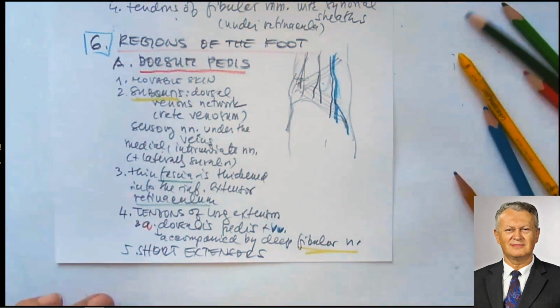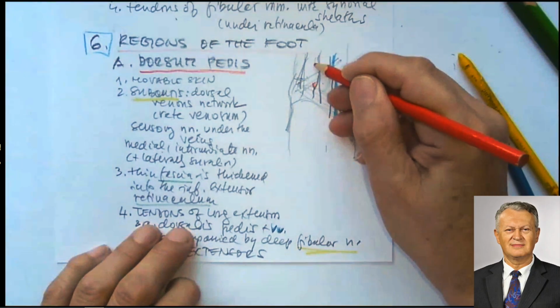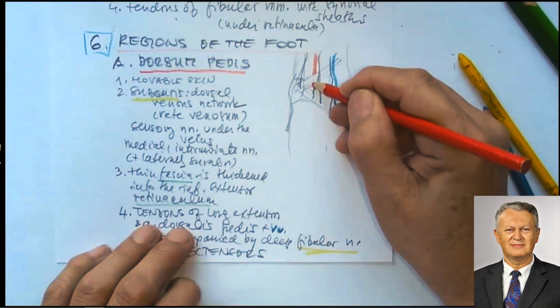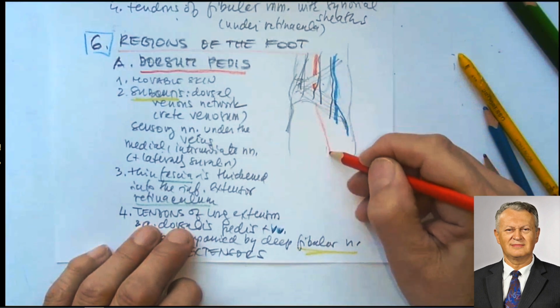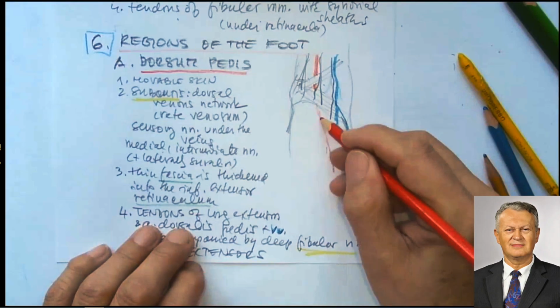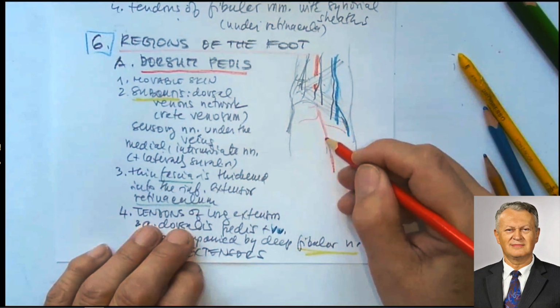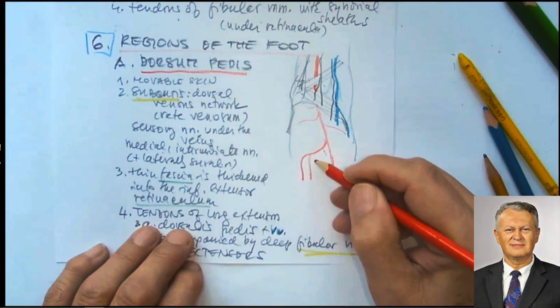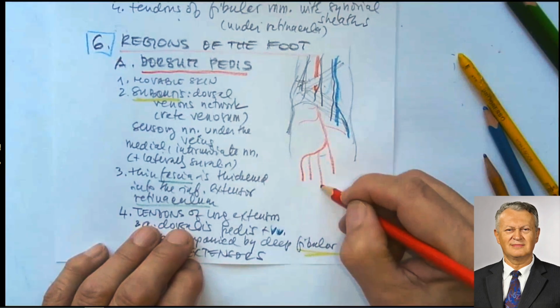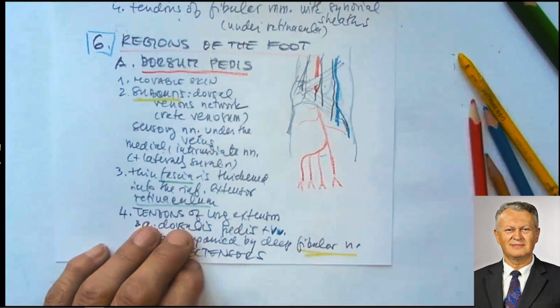But I would just mention that under this retinaculum descends here the artery, which runs medially, forming some branches to the sides, and also forming the arch, the arcuate artery. Then it divides into the dorsal branches. This is the longest one.